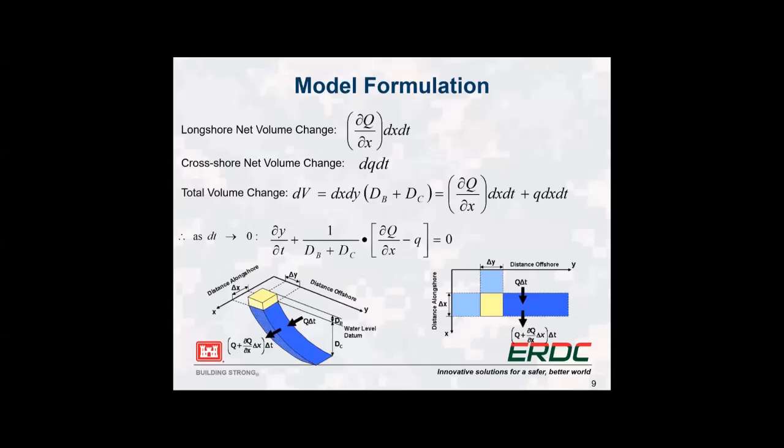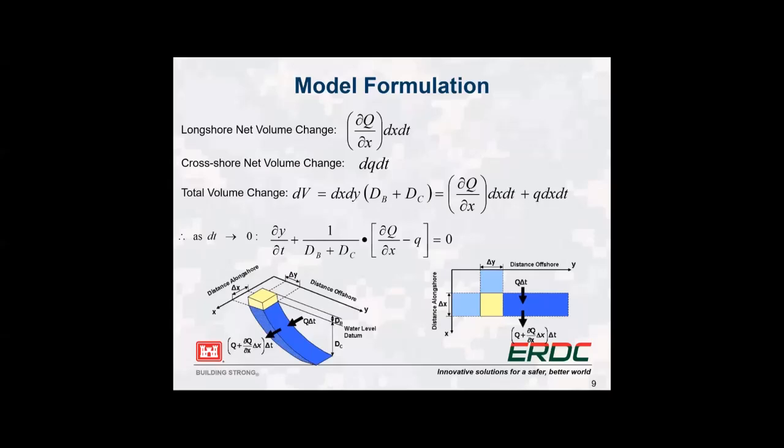So the longshore net volume change is the change in the flux, or the change in the volume of sediment transport, multiplied by the cell width times the time. And then the cross-shore volume is just the delta of the flux, or the transport, times the time in the cross-shore.